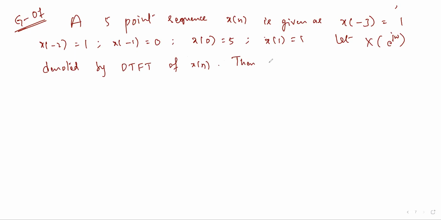Then the value of the integral from minus pi to pi of X of e to the power of j omega d omega is? What is the value of that expression?